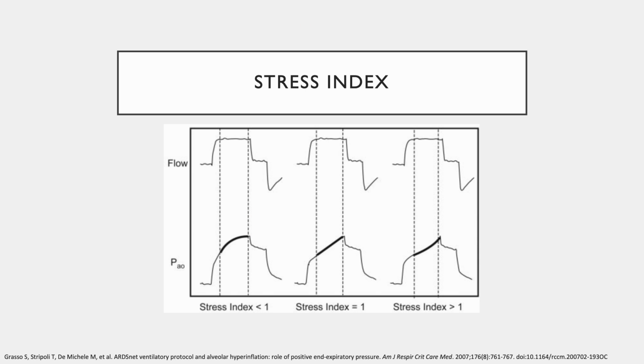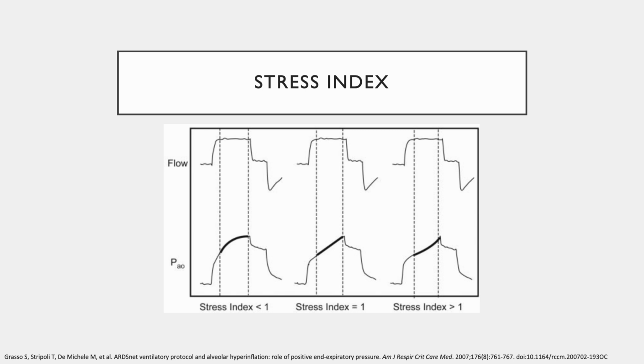Hence, the aim is to set PEEP to a stress index as close to 1 as possible, where the slope of the pressure-time relationship changes minimally during inspiration, corresponding to a balanced point of adequate recruitment and minimal overdistension.